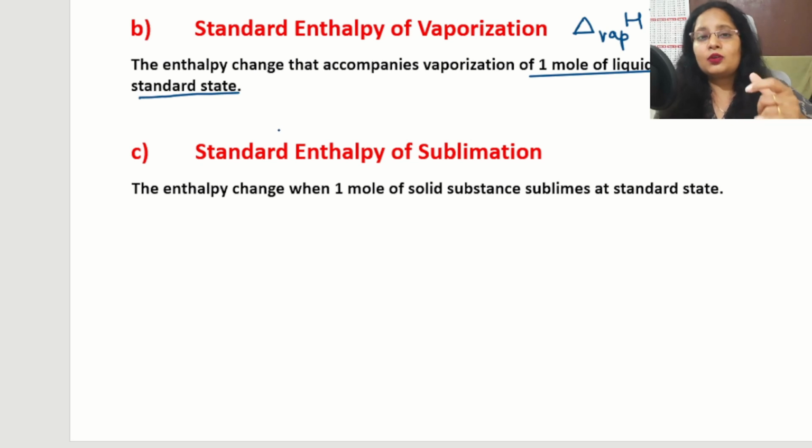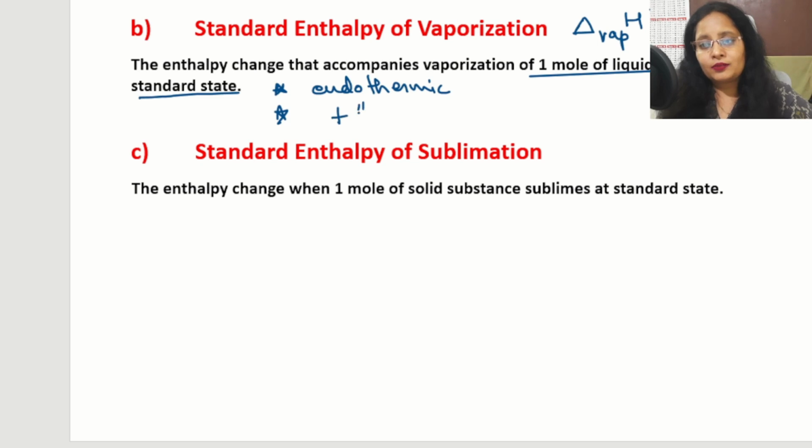The substance quantity is also fixed. Now, in this condition, when there is a phase change from liquid to gas, we need to apply some heat. That amount of heat is called standard enthalpy of vaporization. So, first thing, it is an endothermic reaction. Second point, it is positive in nature because heat is given.